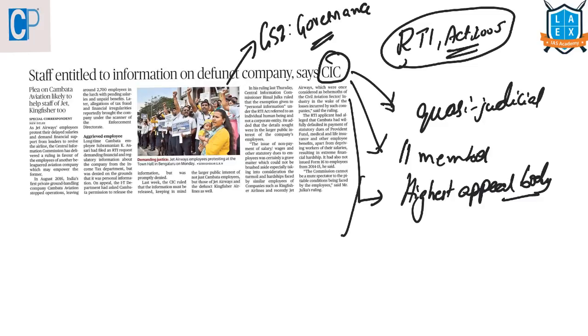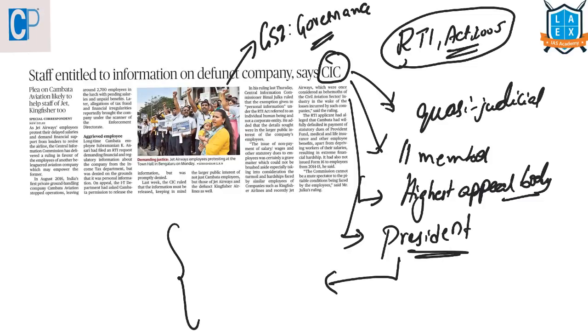Then how are these members appointed? The CIC, the Chief Information Commissioner, and the members will be appointed by the President of India based on the recommendations of a select committee.